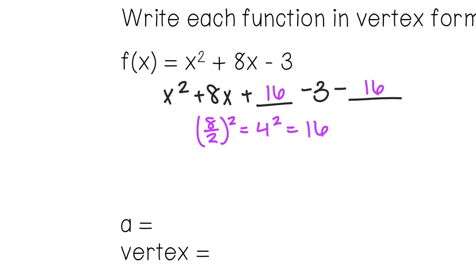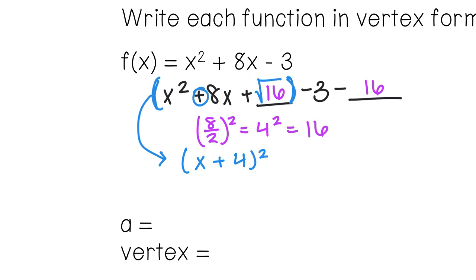Now I have to go ahead and factor what I can. Putting these in parentheses, I can go ahead and factor that, okay? Factoring it, square rooting my 16, I'm going to end up with x plus 4 squared.